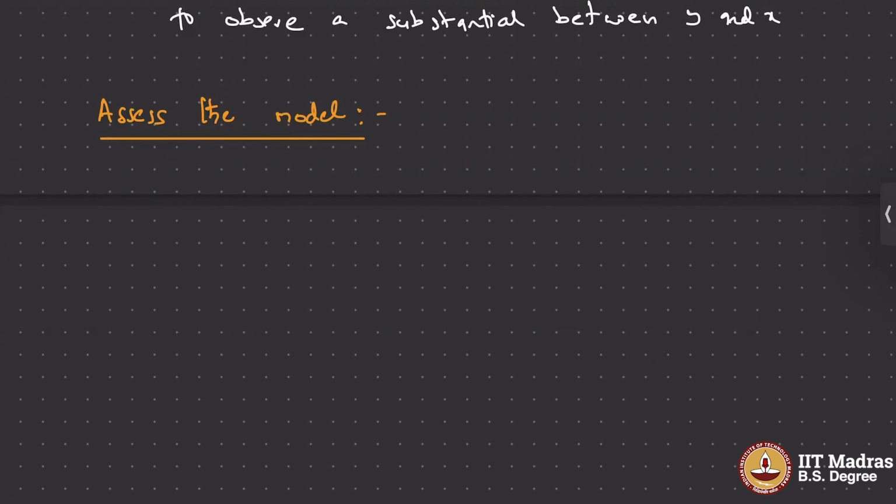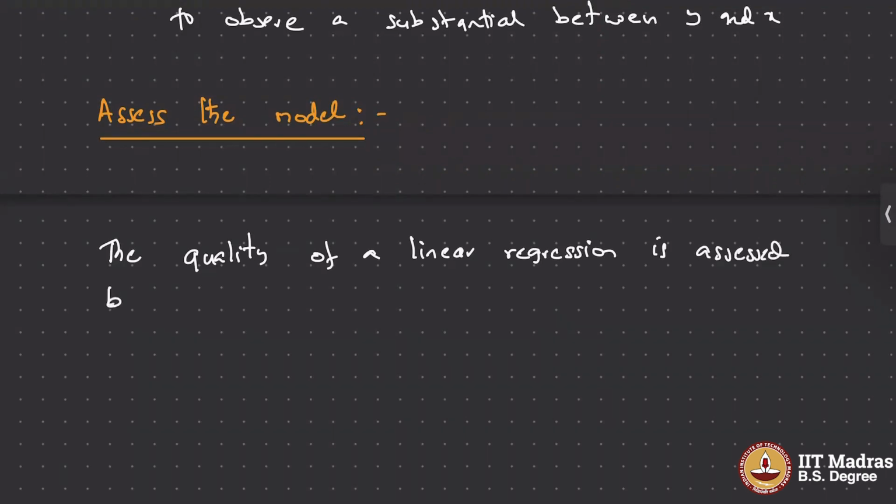There are two ways to do this. The quality of a linear regression is assessed by two quantities.